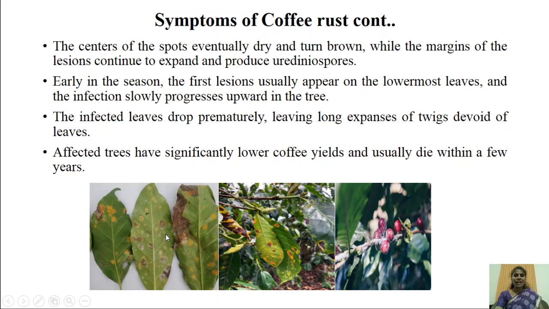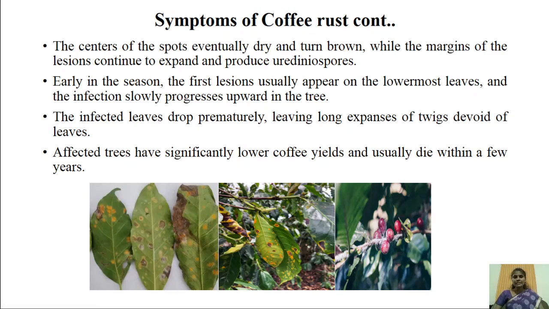They become dry and brown, while the margins remain yellow. This yellow-brown area surrounded by a hollow yellow margin, the lesion, continues to expand and produce a number of uredospores.